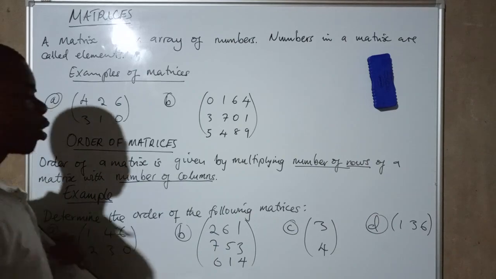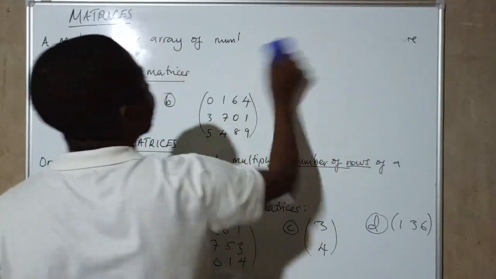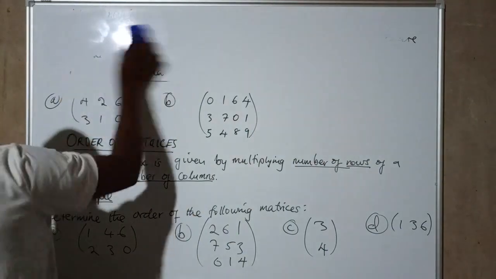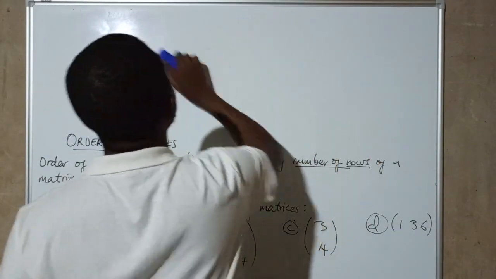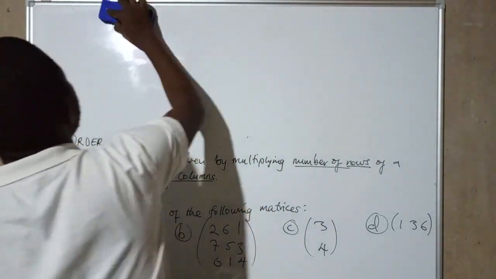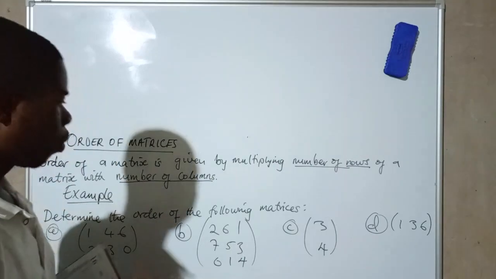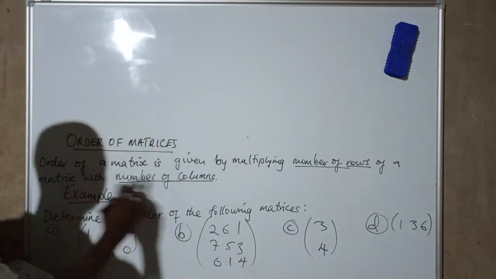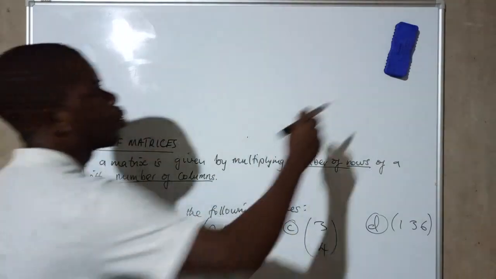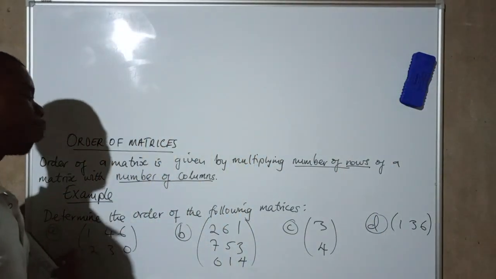So we need now to determine the order. When I'm teaching, I always give definitions for a reason, because these concepts are what someone needs to know in order to answer a question or know a topic.